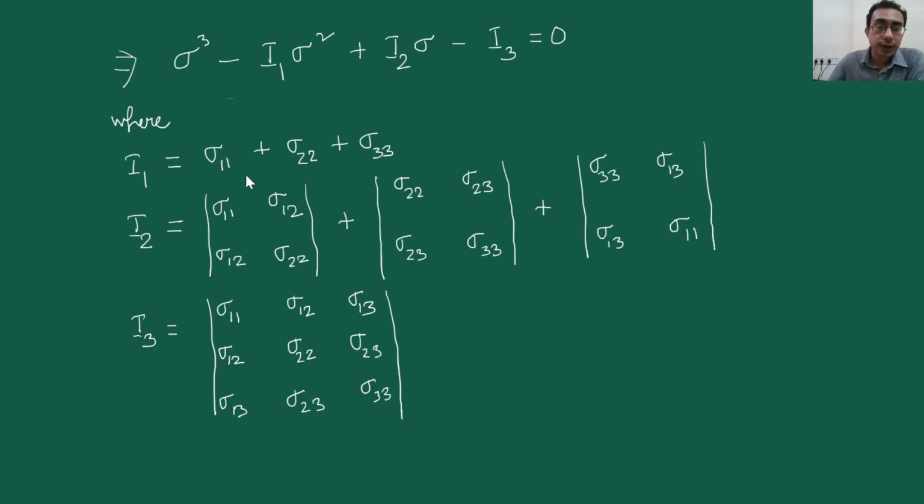So it's something like this. Suppose in one coordinate axis your sigma 11 turns out to be 1, sigma 22 turns out to be 2, and sigma 33 turns out to be 3. So all in all you have I1 equal to 6, with the correct units, of course, maybe in megapascals. But in another coordinate axis, the sigma 11 value can be 2, the sigma 22 value can again be 2, and maybe sigma 33 also has the value 2.